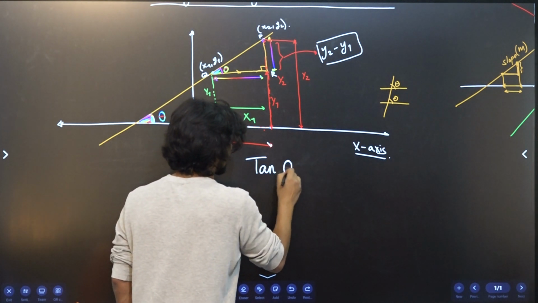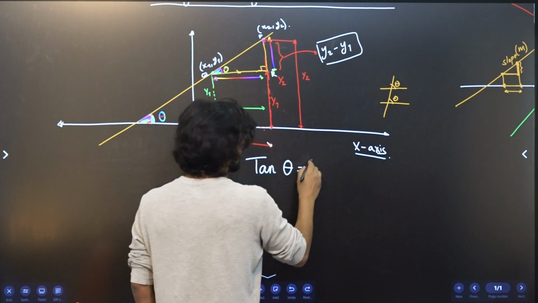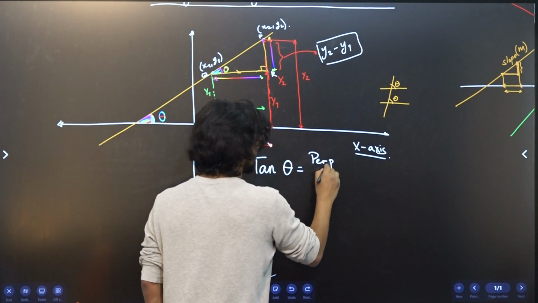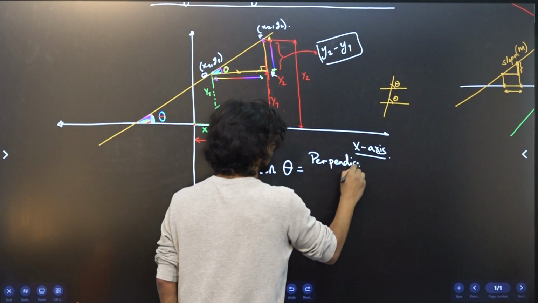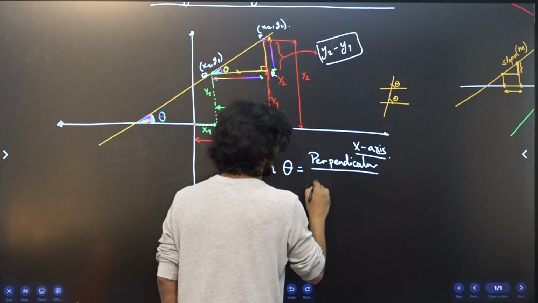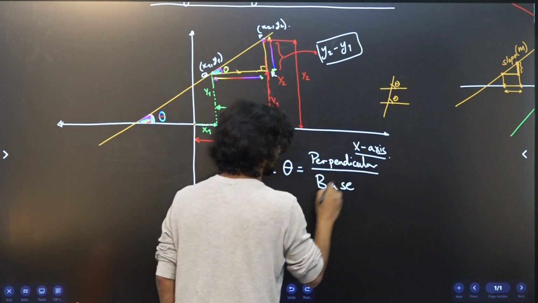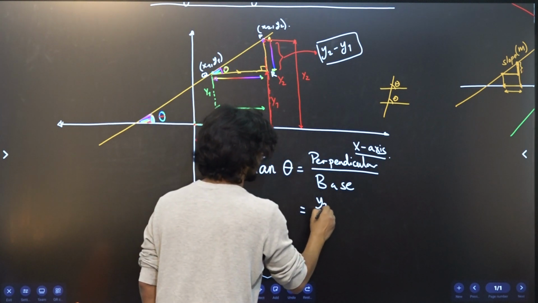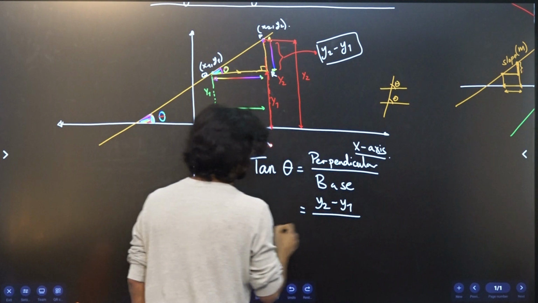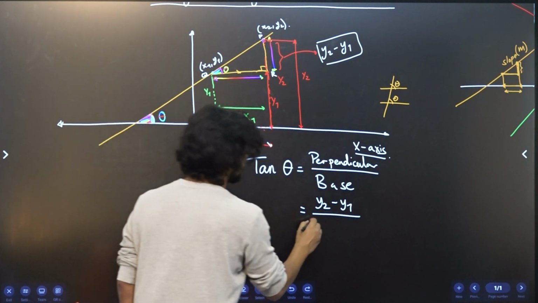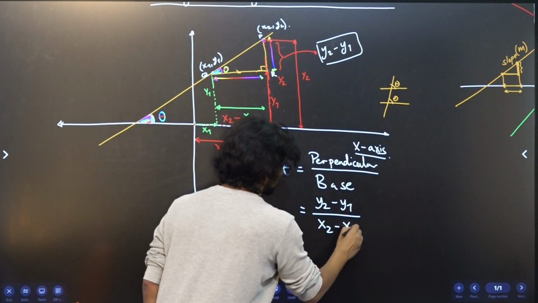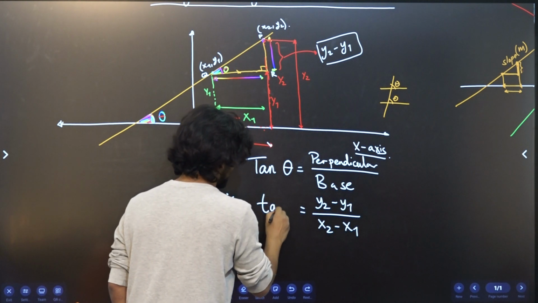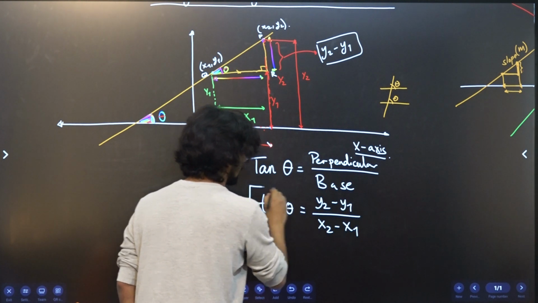Tan theta is equal to the perpendicular of a triangle divided by the base of the triangle. Perpendicular is y2 minus y1, and base is x2 minus x1. That gives me tan theta.